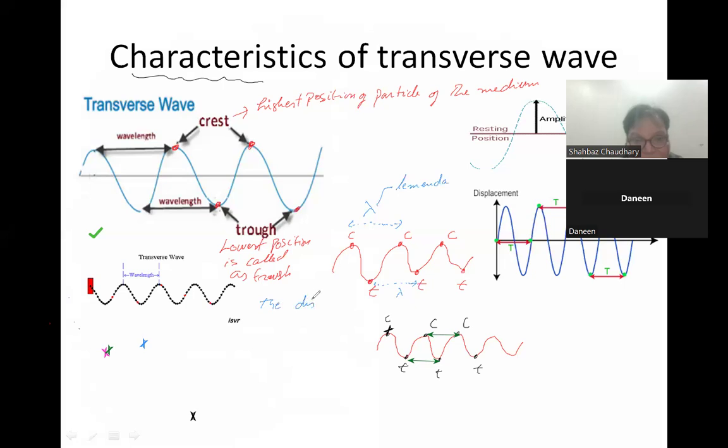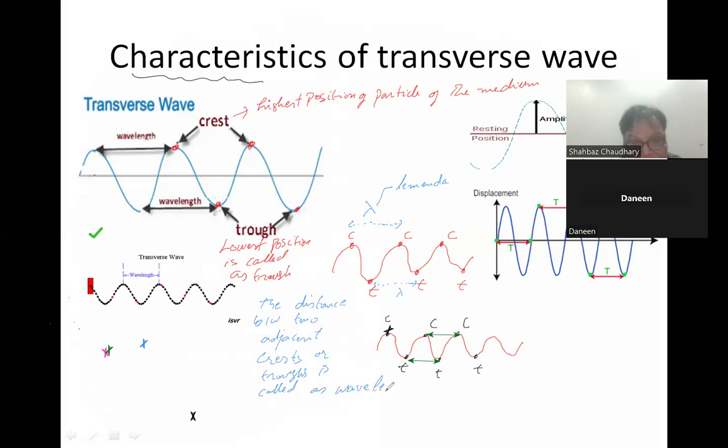The distance between two adjacent crests or troughs is called wavelength. Then what is wavelength?